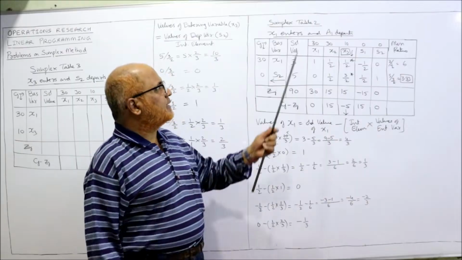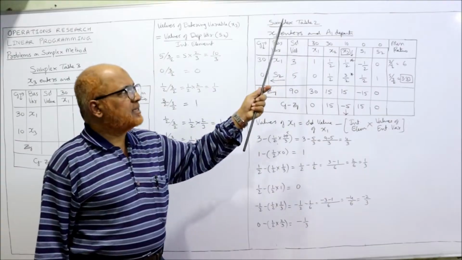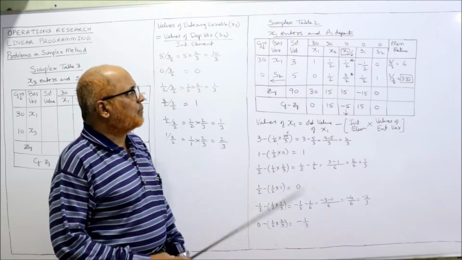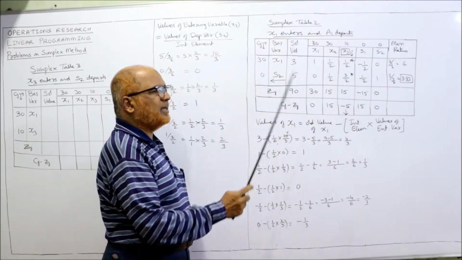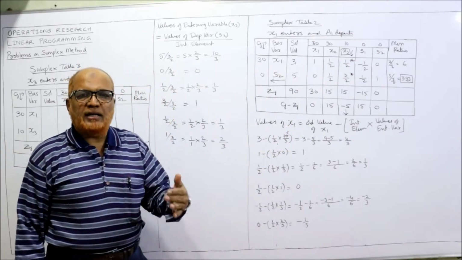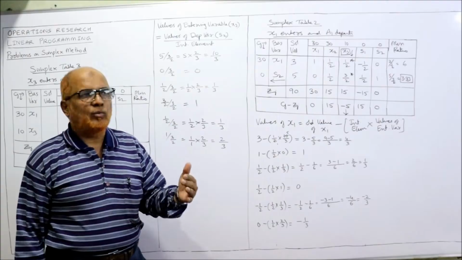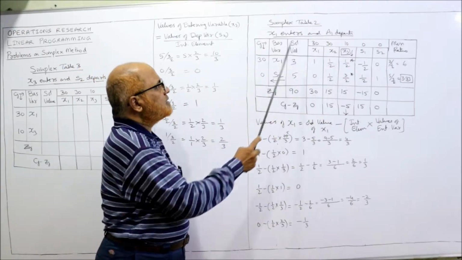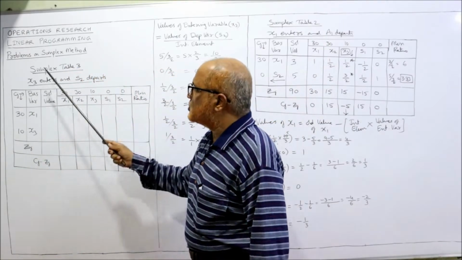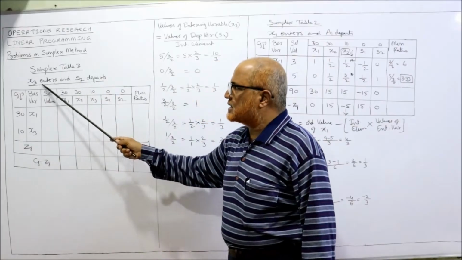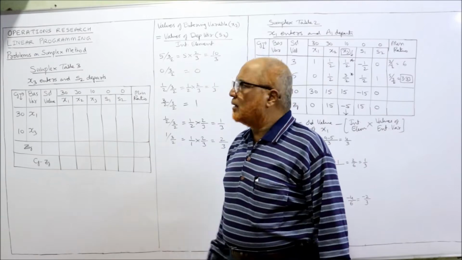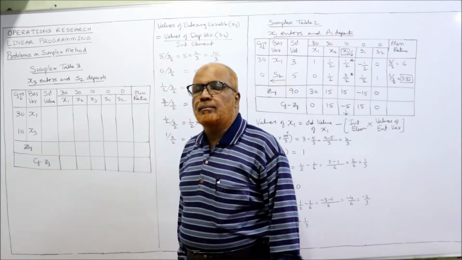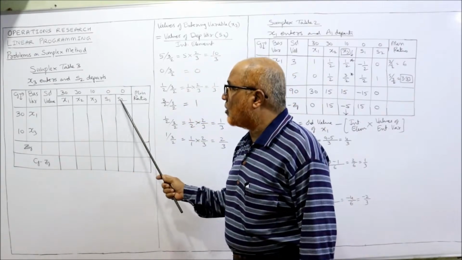So we have completed simplex table 2. In this simplex table 2, we come to know that the entering variable will be X3 and the departing variable is S2. So we make another table, simplex table 3, where X3 enters and S2 departs. Remember, when S2 is departing, we still have to make the column of S2.